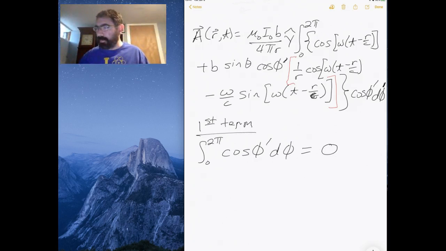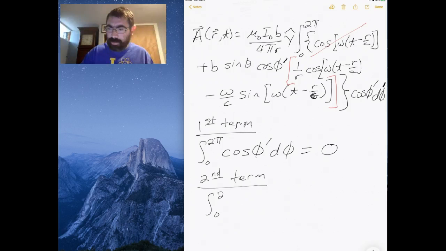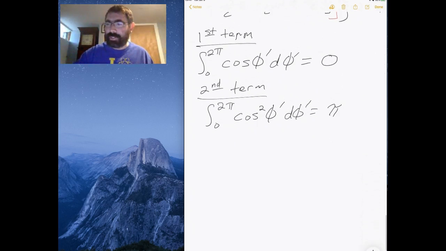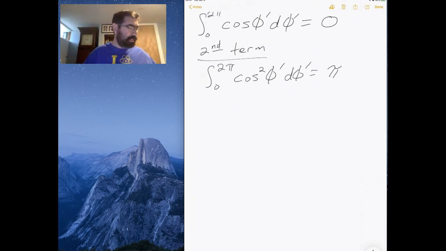So this term drops out, and I'm just left with the second term, which goes as cosine squared of phi d phi, and that is pi. Okay, that's good. So then we'll go back and put this together.